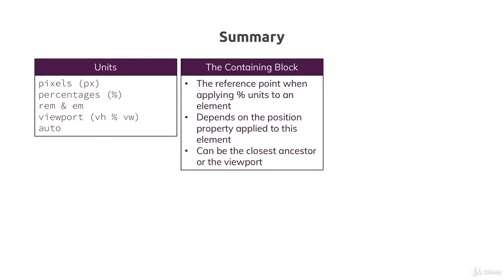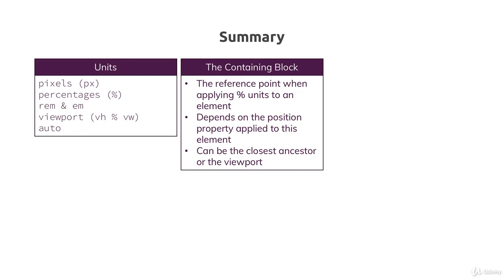We also had a look at the containing block, which is basically the reference point whenever we apply percentage units to our element. The containing block basically depends on the position property that is applied to our element. Generally, the containing block is either the closest ancestor or the viewport. We had a detailed look at that, so we also saw the different combinations we have.